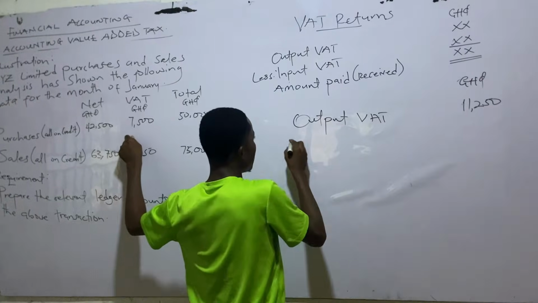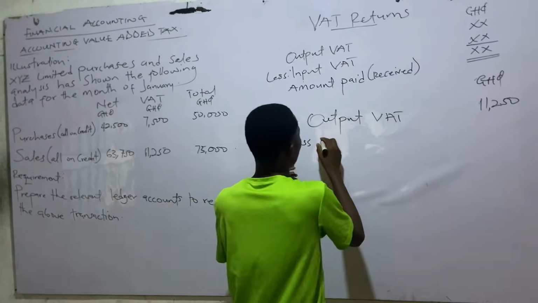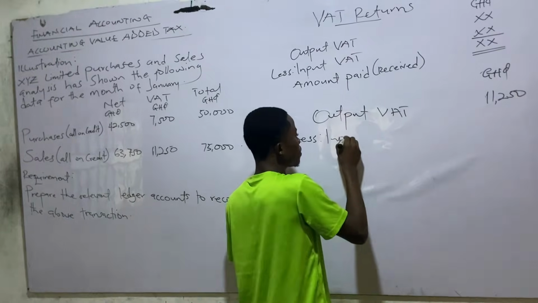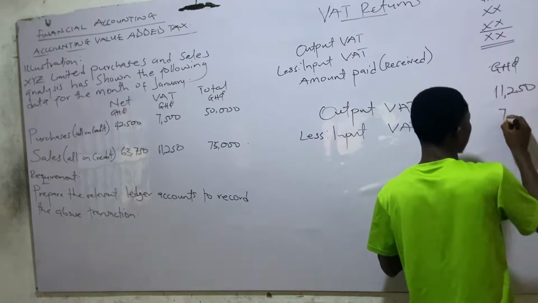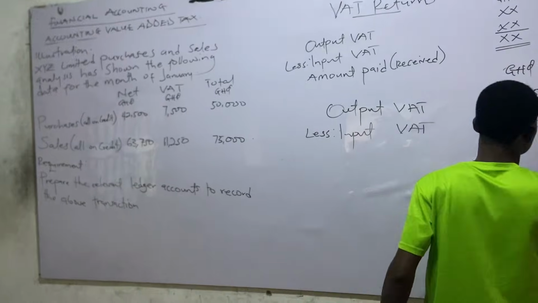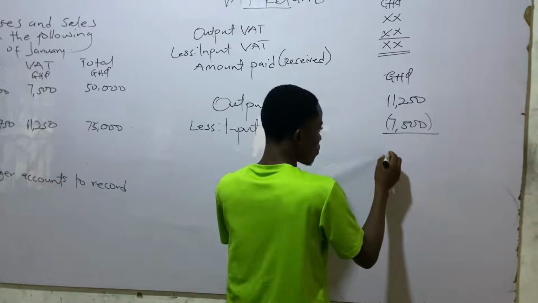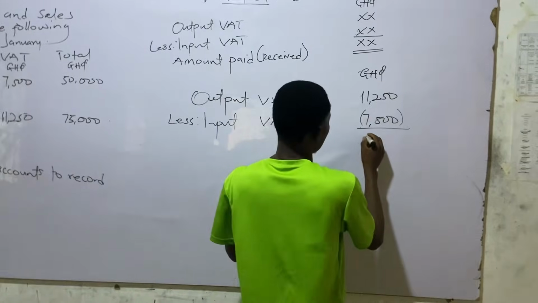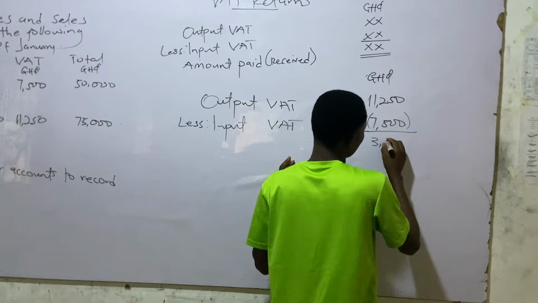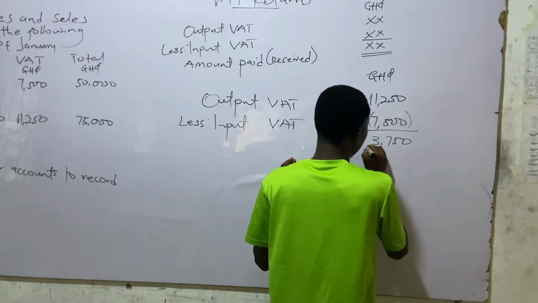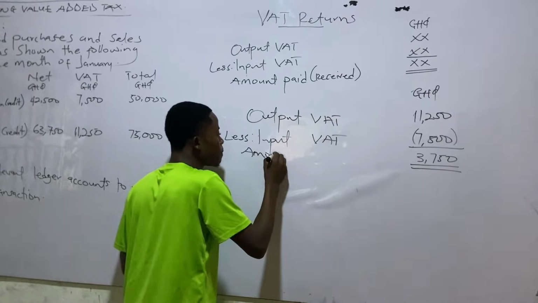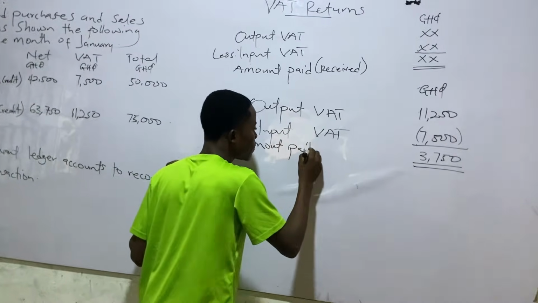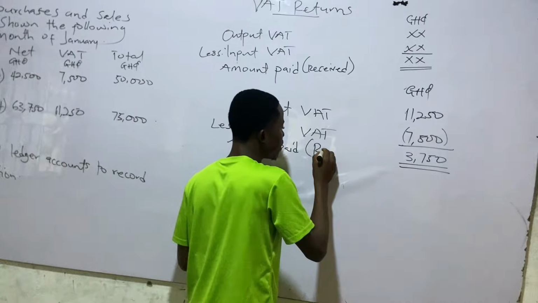And then we say let's input VAT, which is 7,500 Ghana cedis. So when we less this from this, what do we have? We have our 3,750 Ghana cedis as amount paid or received.